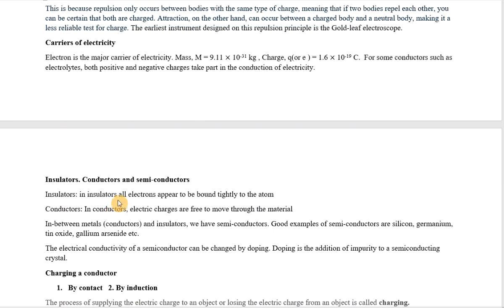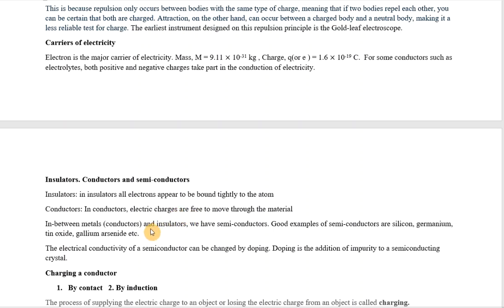Insulators, we know they have the atoms tightly bound, unlike conductors in which electric charges are free to move about. And of course we know that it's this movement of charges that leads to generation of current.